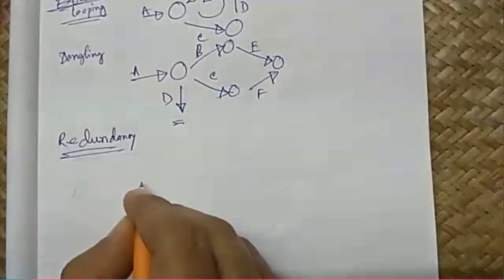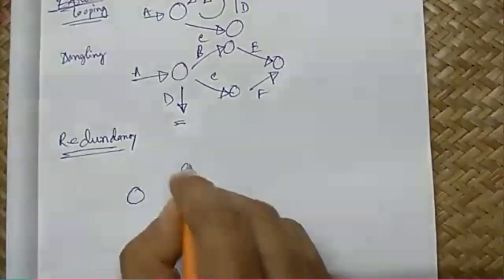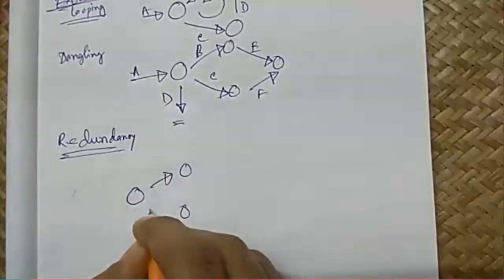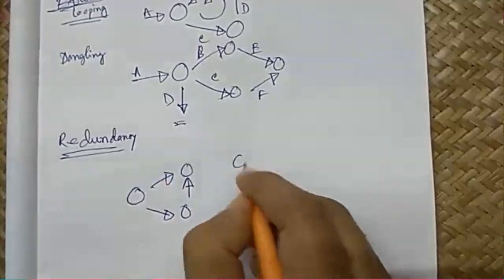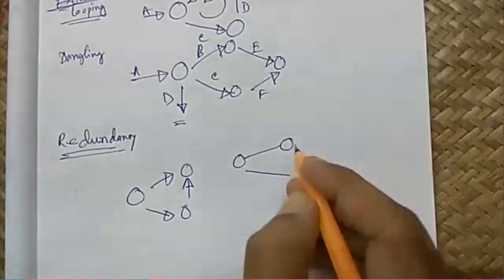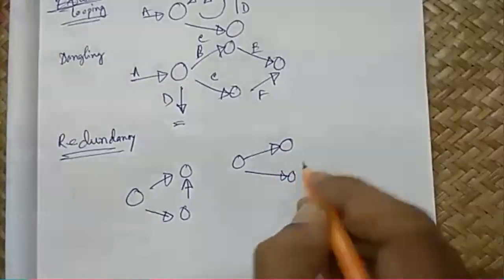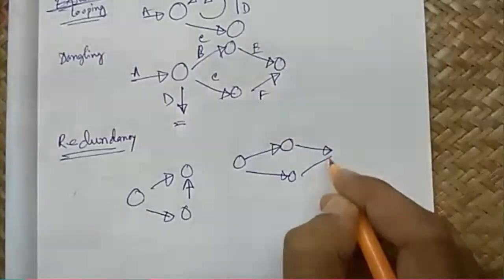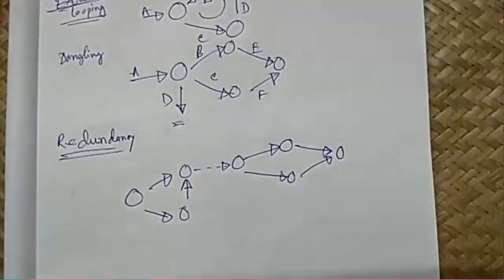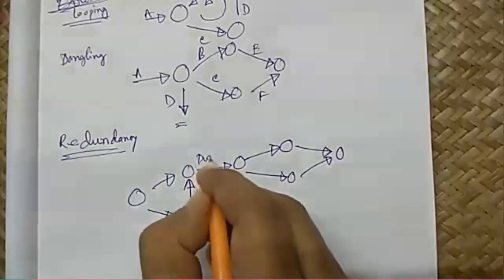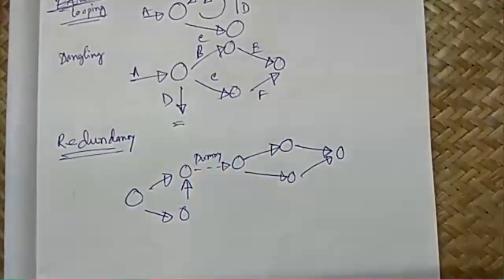When there are two parts of a network and these two parts are connected only by a dummy activity, these dummy activities are shown as dotted lines of the arrow. So there is only one dummy activity between two parts of the project. This is called redundancy, and this is not allowed.